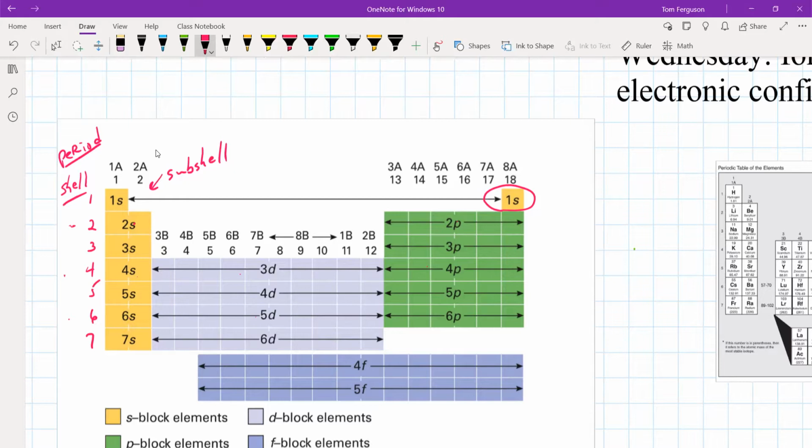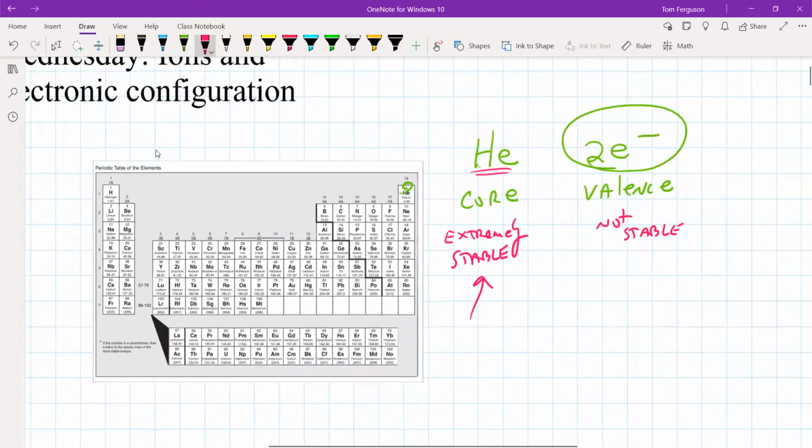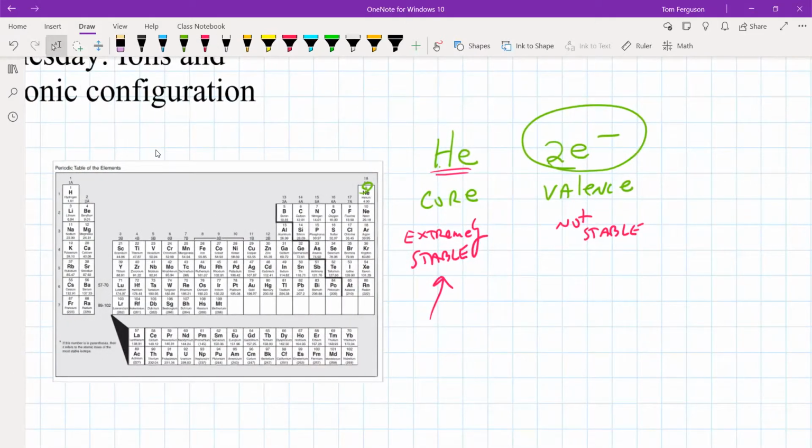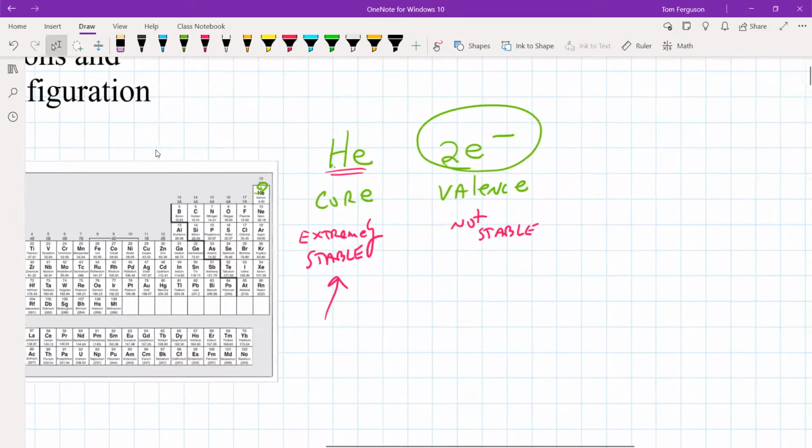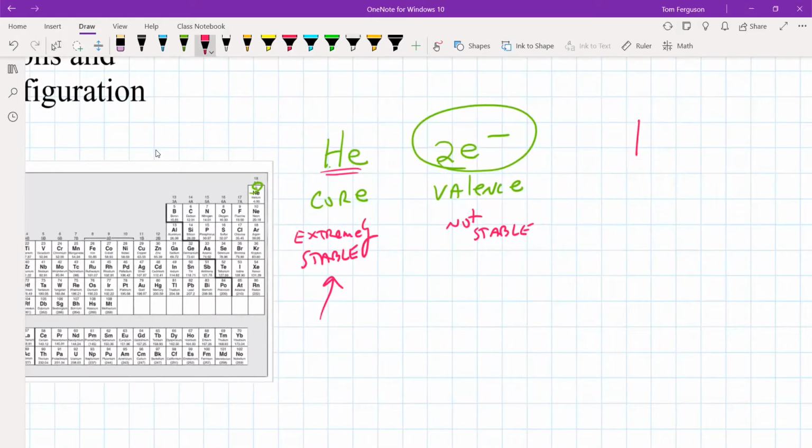So in the case of shell number 1, we just have S's. Okay, so helium, that means it is 1, because we're in shell number 1, only S's. And how many S's do we have? We have 2.